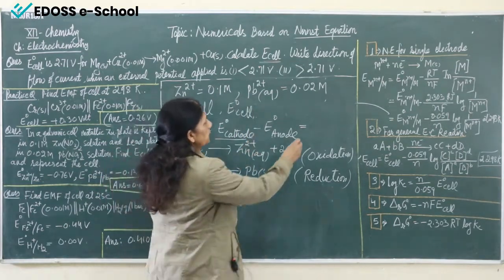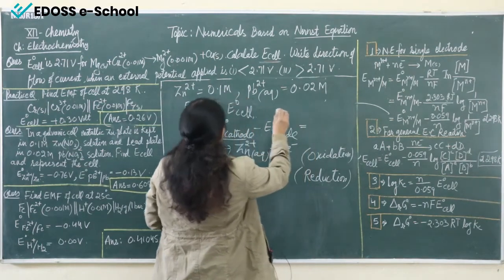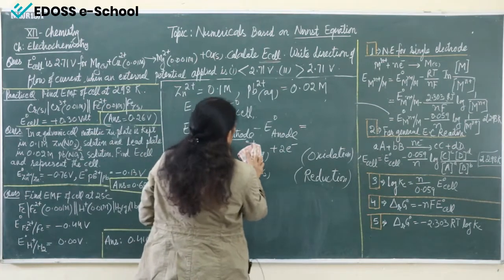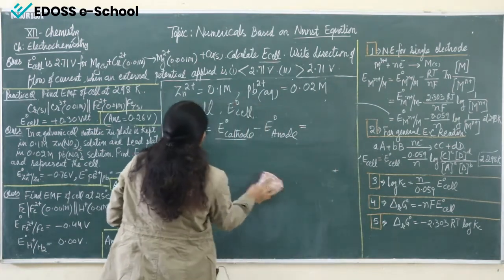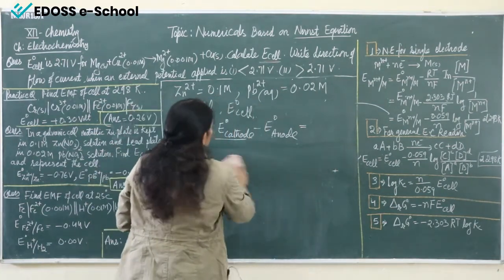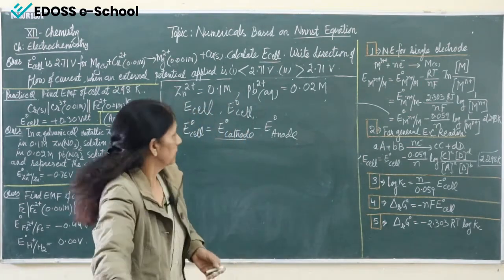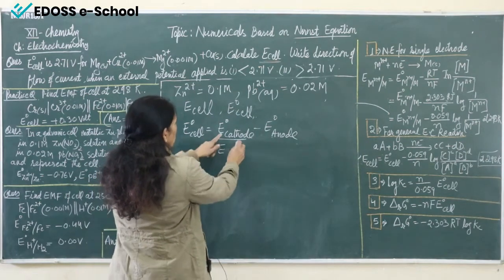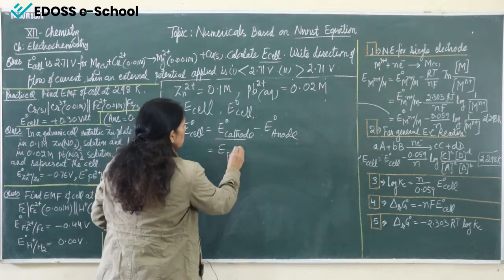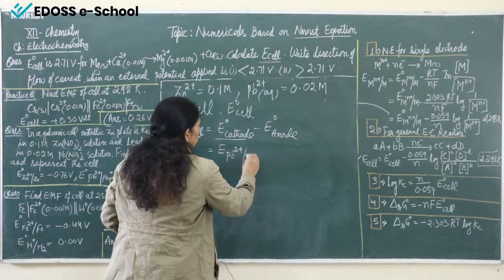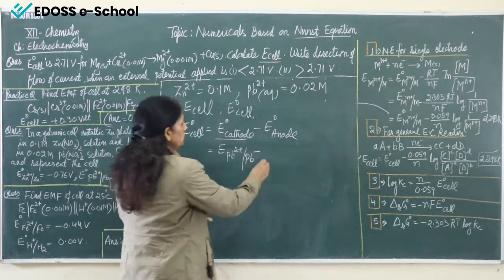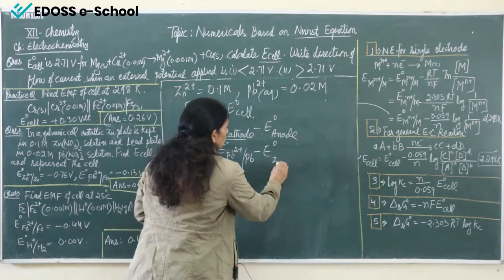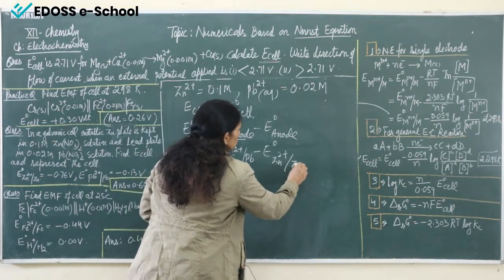So we will write that E naught of the cell is equal to E naught of cathode, Pb 2+ oblique Pb, minus E naught of anode, Zn 2+ oblique Zn.